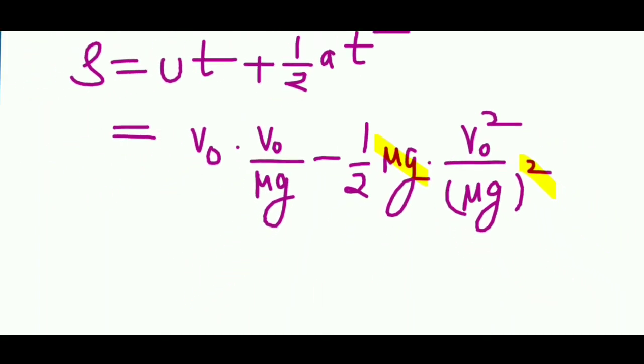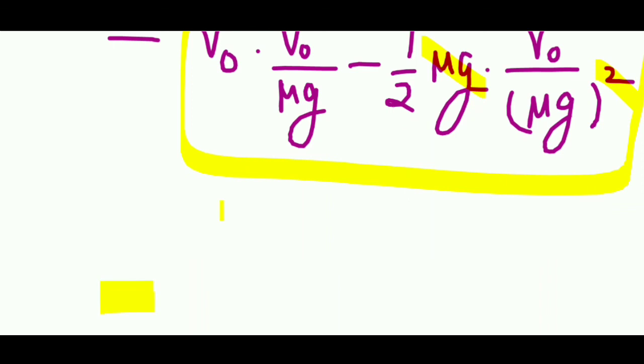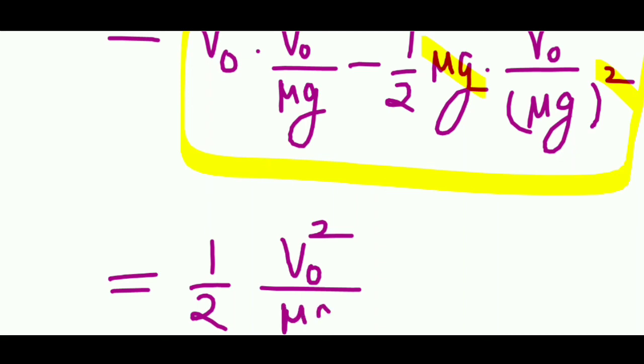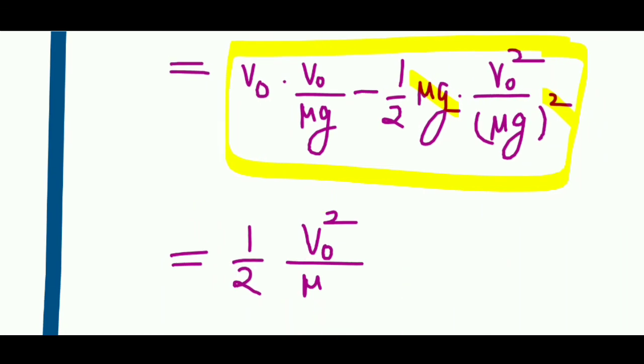If you solve this, the total thing will come out to be half of v0 square divided by mu g.